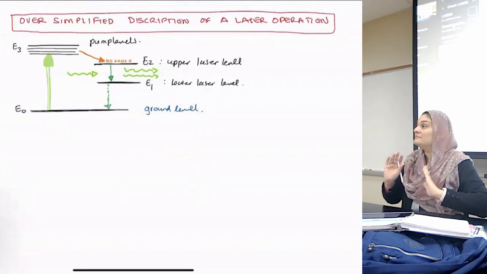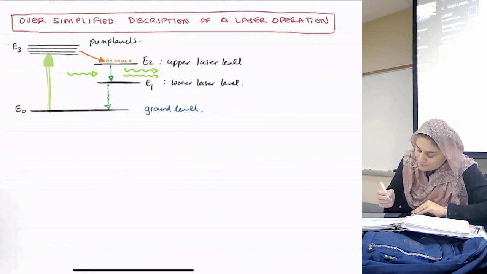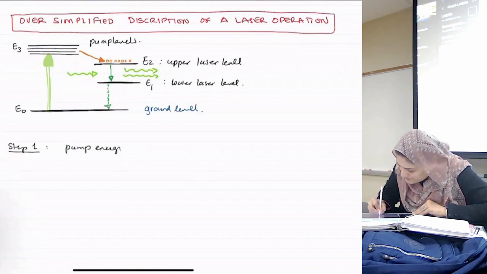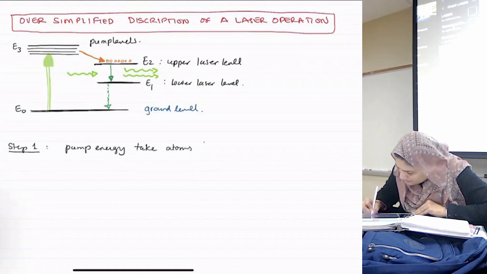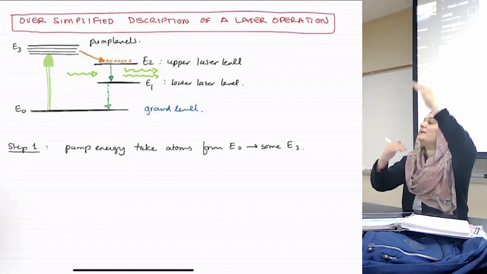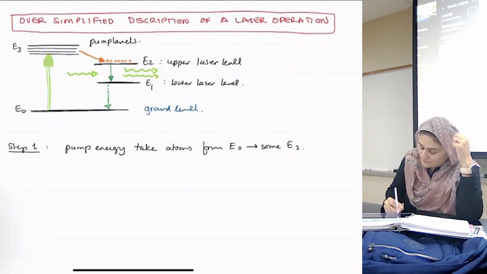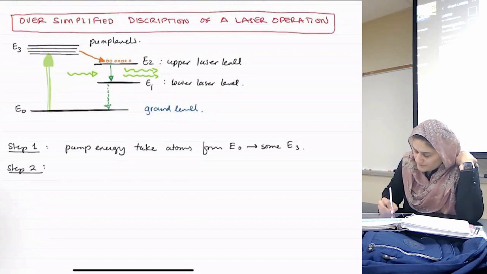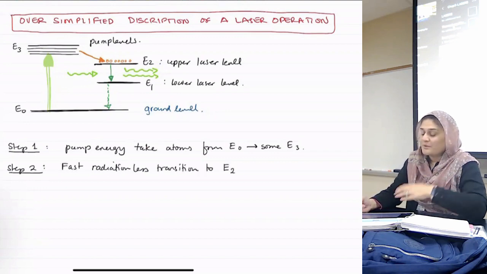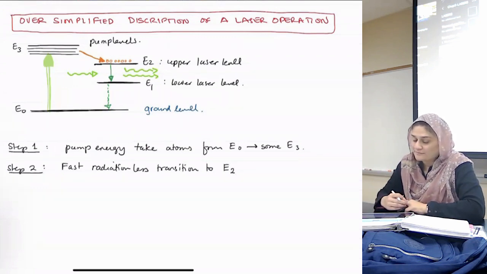Are we good? Okay, so now let's write this down. Step 1, pump energy, take atoms from E0 to some E3, right? They could be any of the E3s. Step 2, fast radiation-less transition to E2, which was called the upper laser level.